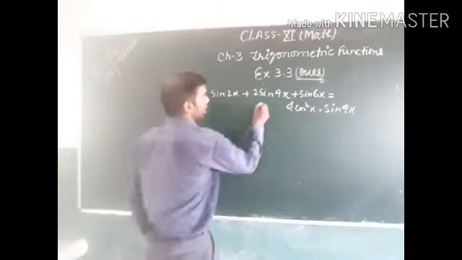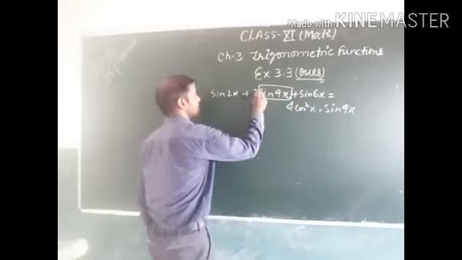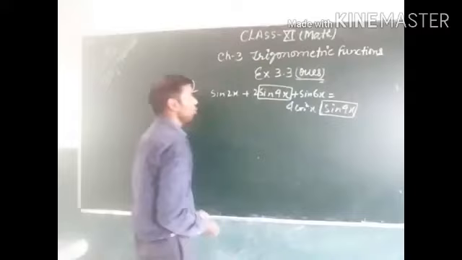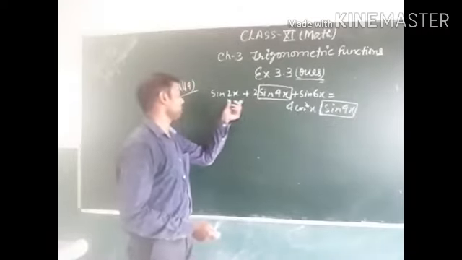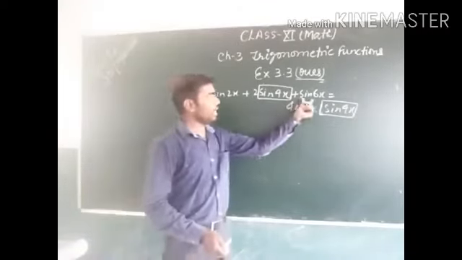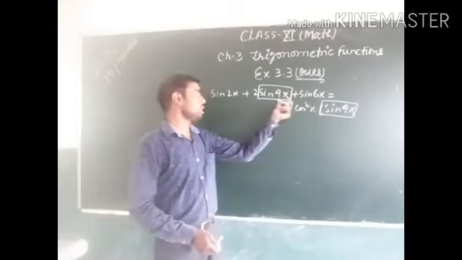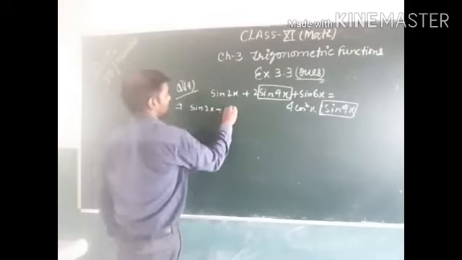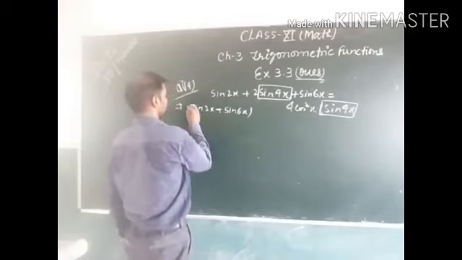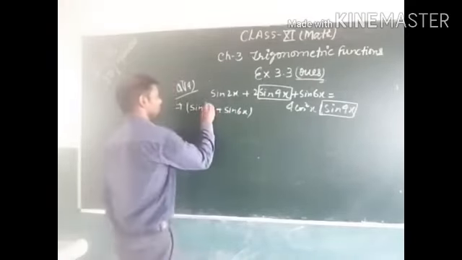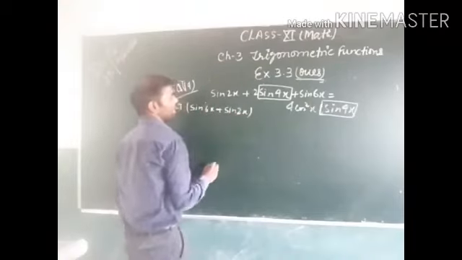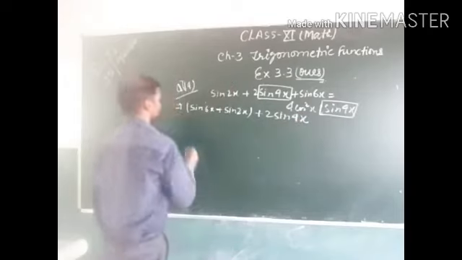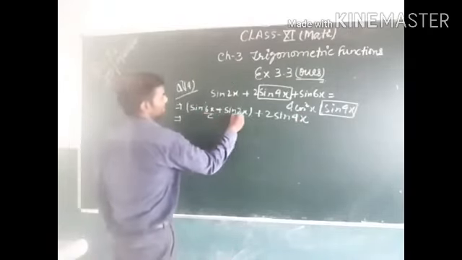Now you can see sin 4x is present on both the left hand side and right hand side, so we cannot touch this part. We can take sin 2x and sin 6x together. So we write sin 2x plus sin 6x, and plus 2 sin 4x. Now this is C and this is D.